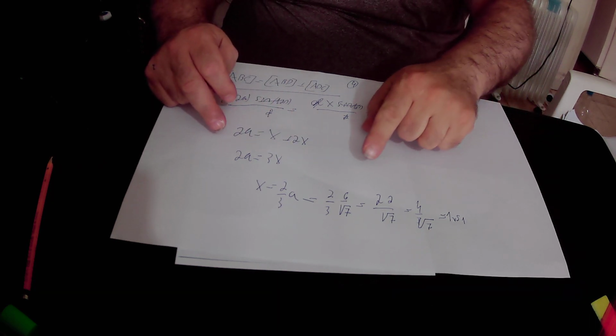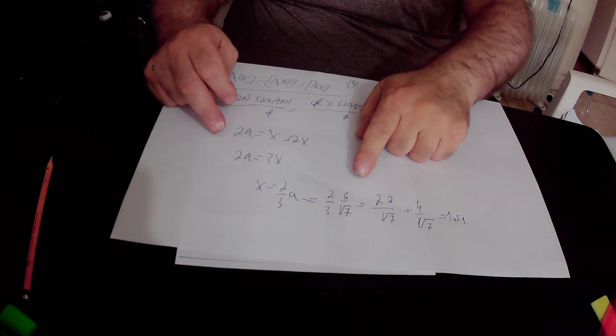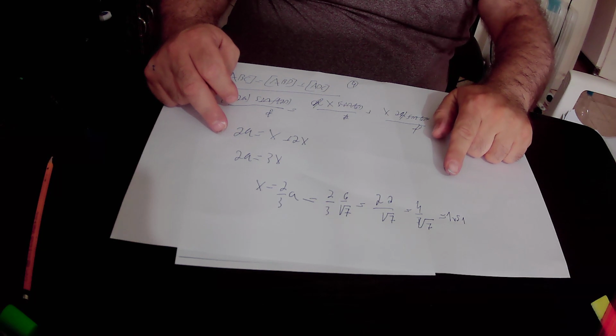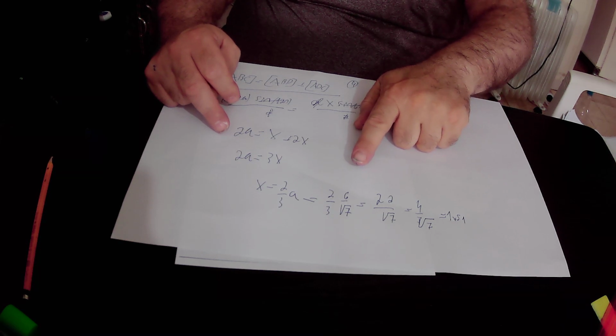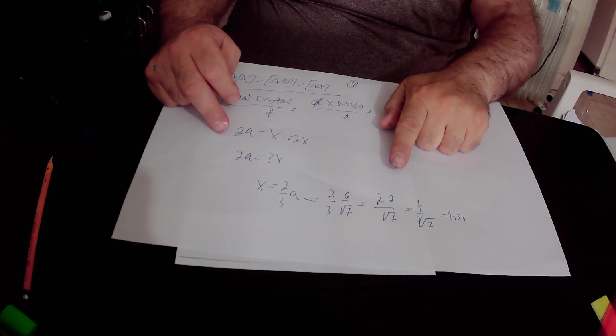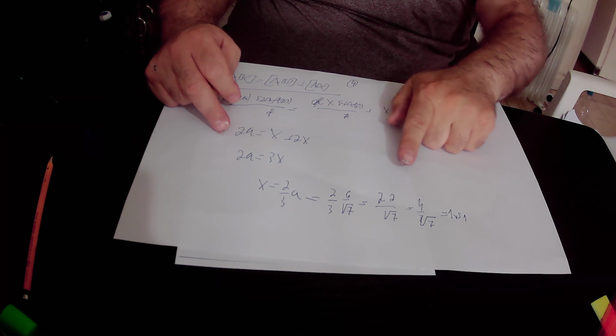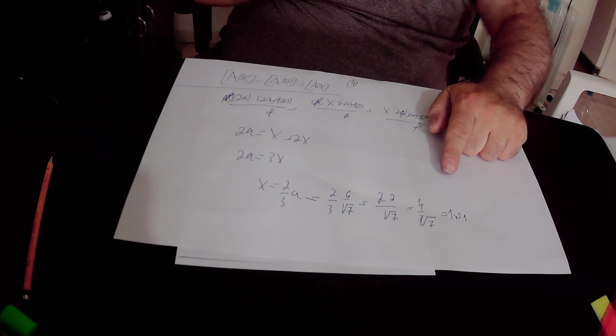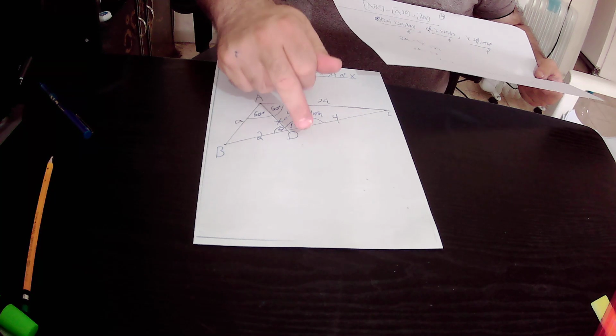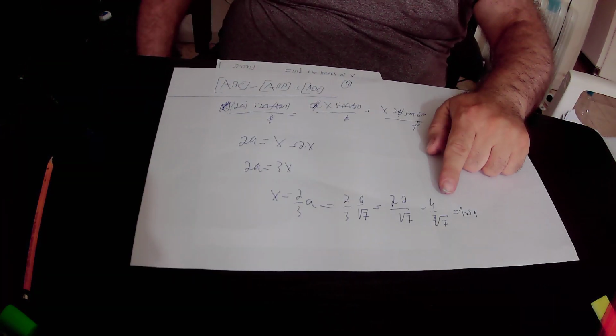We substituted A by 6 over square root of 7 units, and we found out that X equals 6 over 3 is 2, so X equals 2 times 2 over square root of 7. 2 times 2 is 4. So in conclusion, we found out that the length of side AD that is equal to X, it is equal to 4 over square root of 7 units.